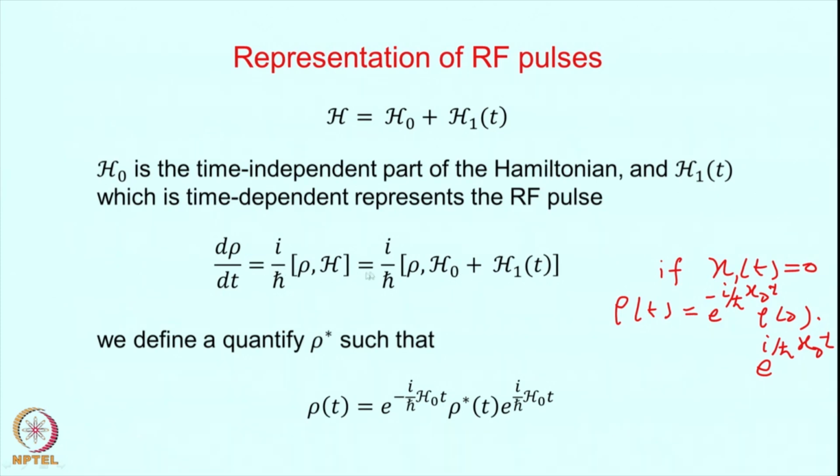So, if I differentiate it here, what I will have are two quantities: one commutator of ρ with H0 and the other commutator of ρ with H1(t). So, this is i/ħ, the commutator of ρ with H0 and another commutator of ρ with H1(t).